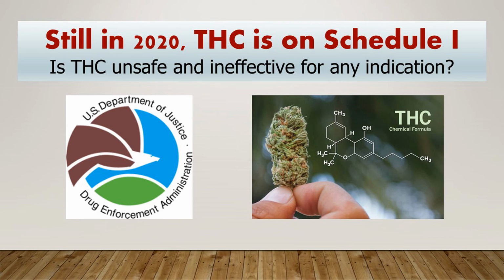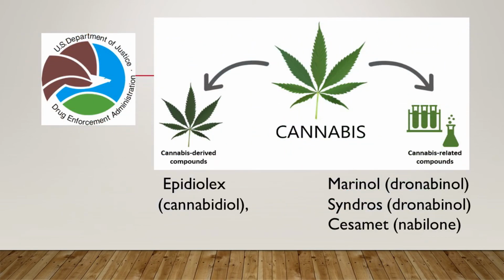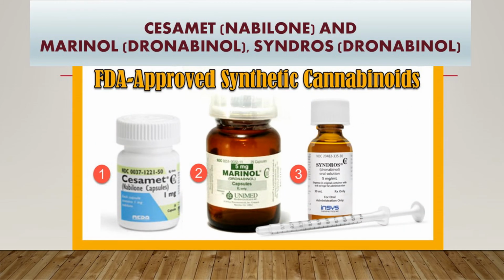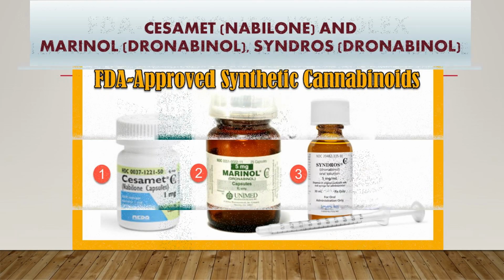The answer is no. In fact, the FDA has approved several cannabinoids during the past 2 decades, including Epidiolex, Marinol, Syndros, and Cesamet. The FDA must have established that these synthetic cannabinoid drugs were sufficiently safe and effective to approve them.